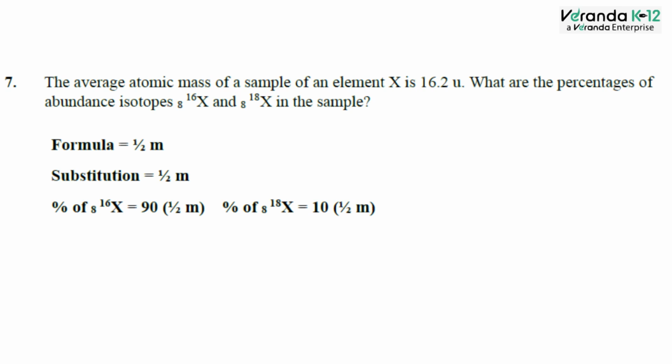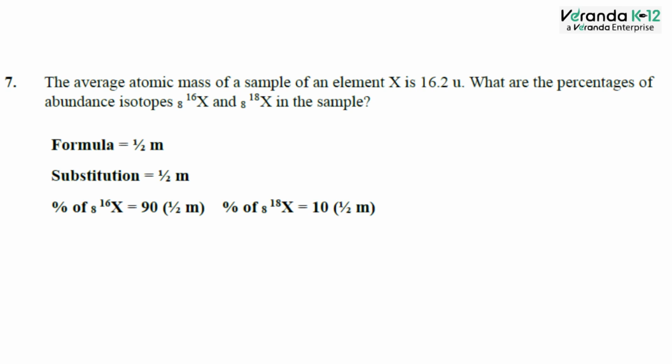So the formula for calculating average atomic mass is atomic mass of first isotope into its percentage abundance plus atomic mass of second isotope into its percentage of abundance, divided by 100. In the question they have given the average atomic mass of the given element is 16.2 units.